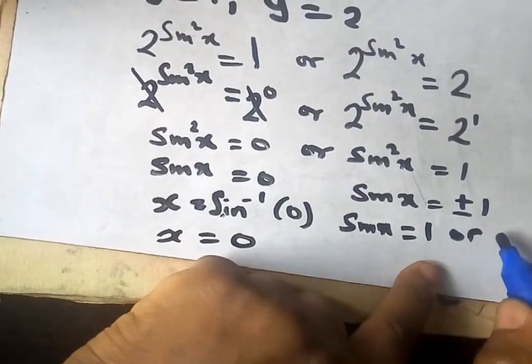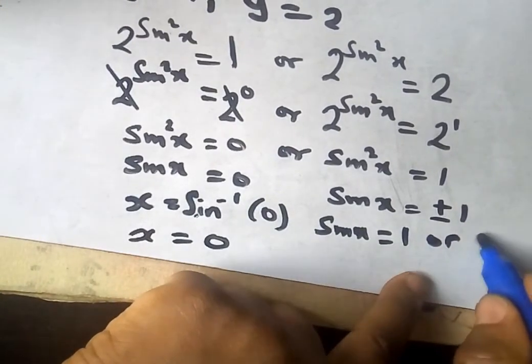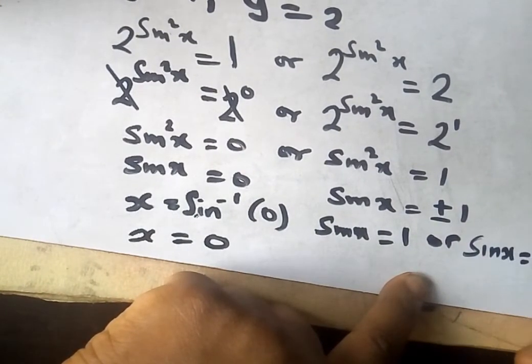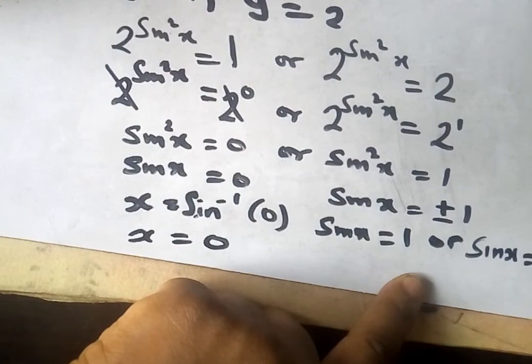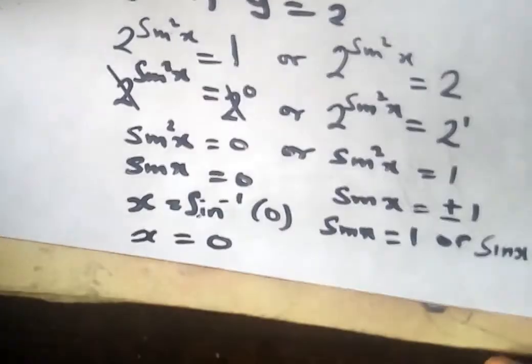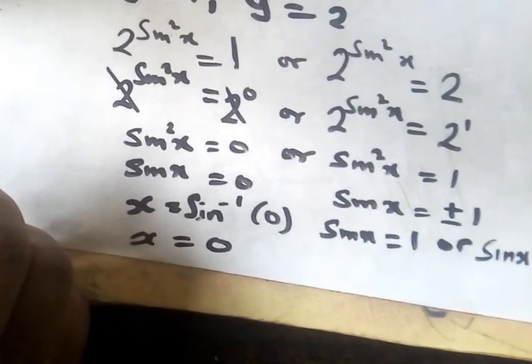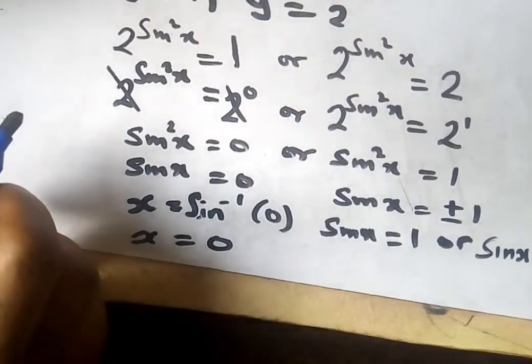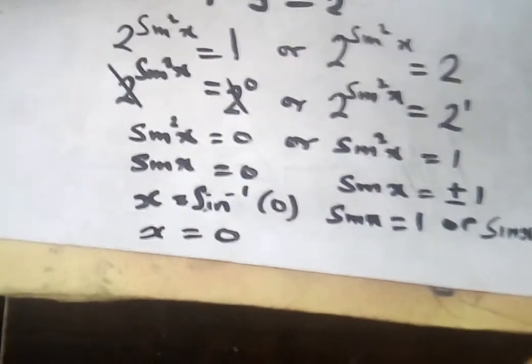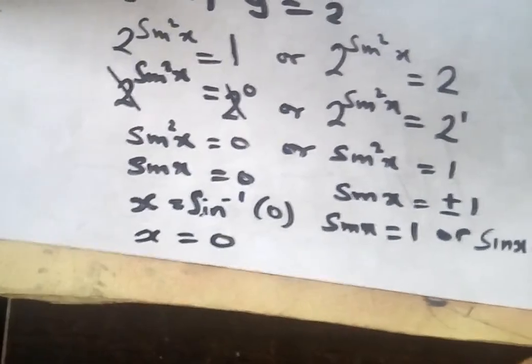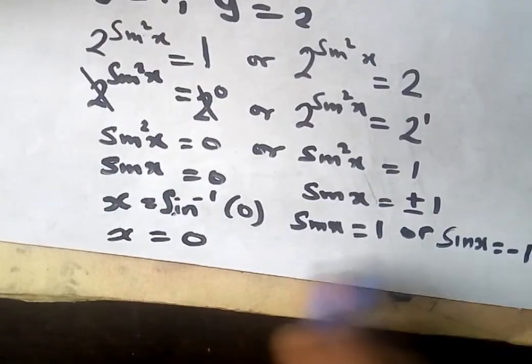or sine x is equal to negative 1. So by the time we solve further, we can take the sine inverse of both sides here.